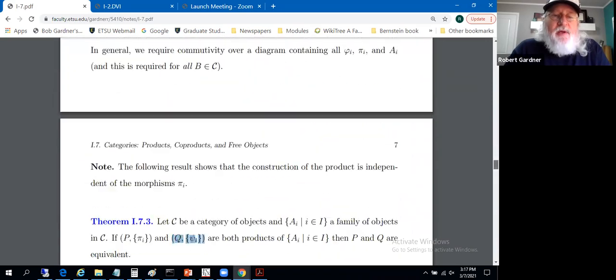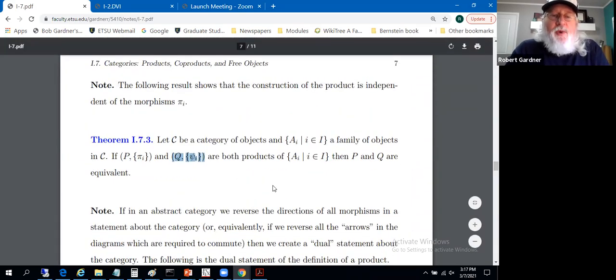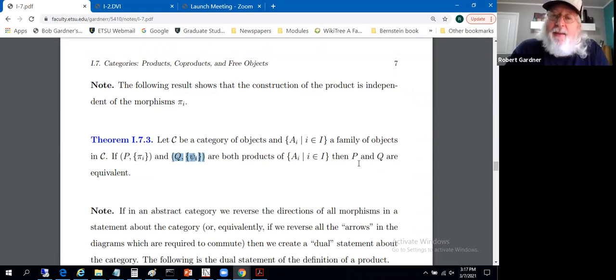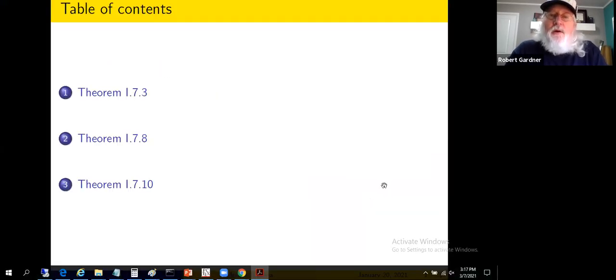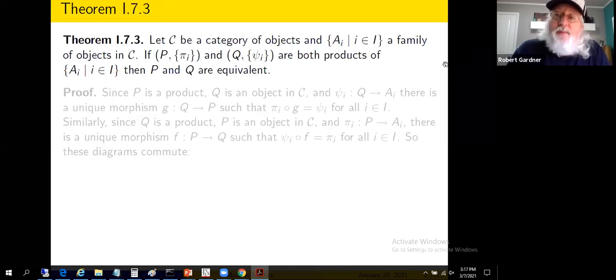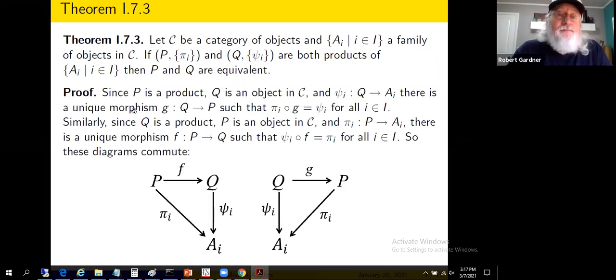Back to the statement, actually onto the proof. So we need a mapping from P to Q and a mapping from Q to P that compose to give the identity. The proof is actually not terribly complicated. The verbiage is a bit of a mess, but we're trying to show equivalence of these two products. P is a product, Q is an object in C, psi sub i, that's Q to A sub i.